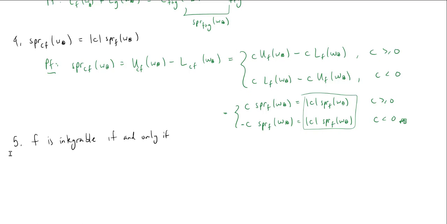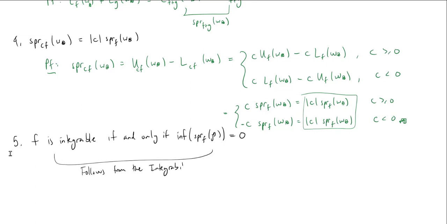If we're getting the upper minus the lower, we're talking about the spread being less than epsilon, for any epsilon. But if we can do it for any epsilon, then we can shorten this up and just say, if I take the infimum of the F spread across all partitions, then this would equal 0. So this just follows immediately from the integrability criterion. This is nothing new, just a rephrasing in terms of this notation.